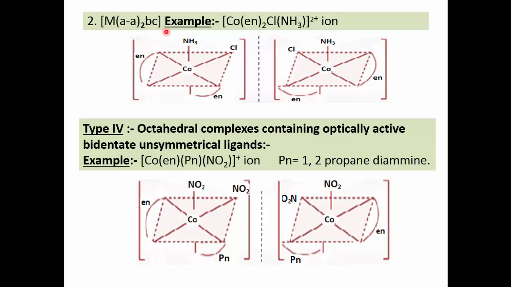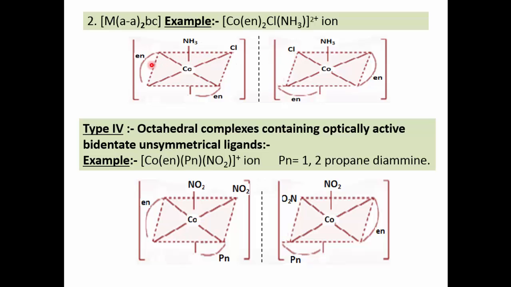B and C. Example, Co(en)2ClNH3. Two types of monodentate ligands, chloride and ammonia. See, this is the structure. Cobalt is attached to ammonia and chloride ion and two identical bidentate ligands, ethylene diamine. When the mirror is placed, there is a change in position of the chloride ion. From the second position, it is transferred to the fifth position.